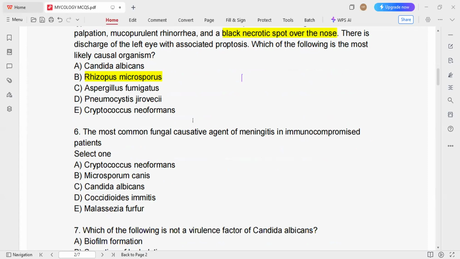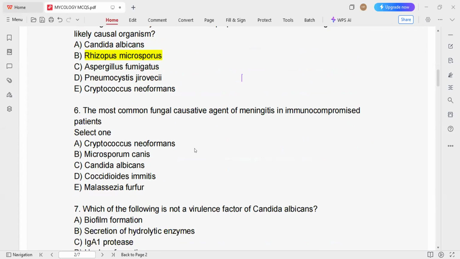The most common fungal causative agent of meningitis in immunocompromised patients. So this was very direct. What's the answer? A. Cryptococcus neoformans. Yeah, this is very direct. But they can ask the question in very different ways.